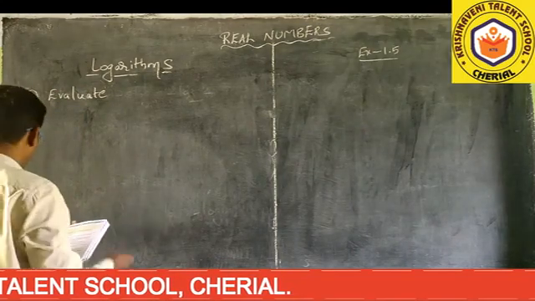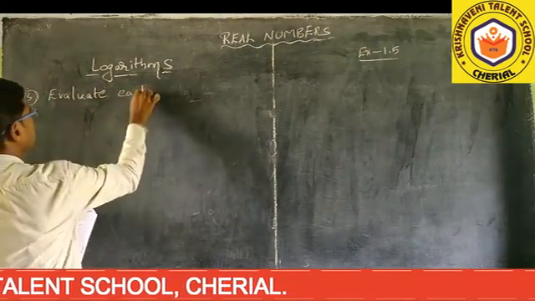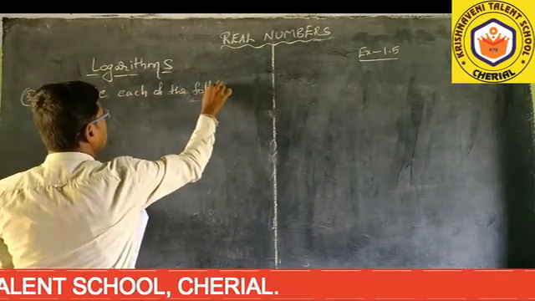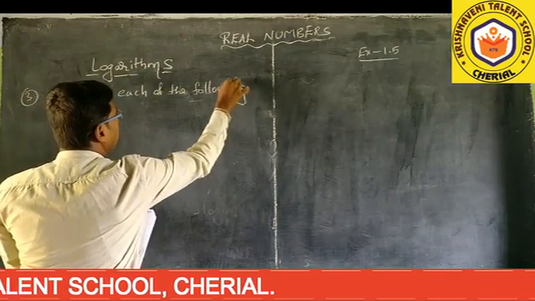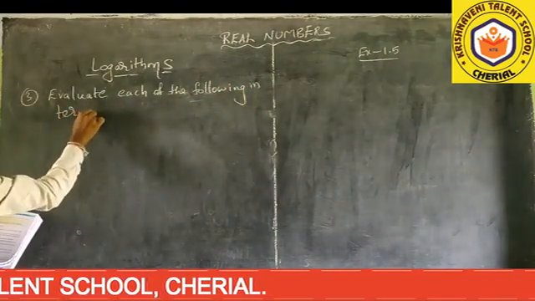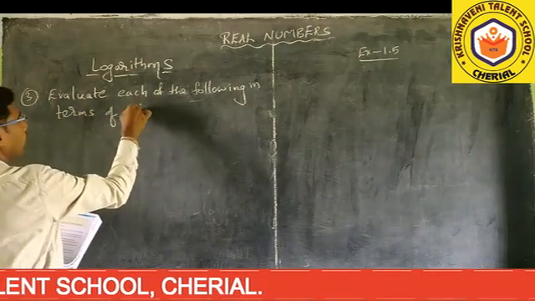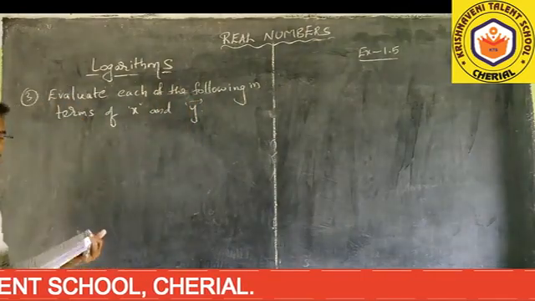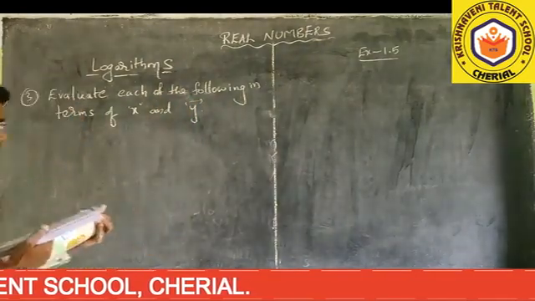There he has given some problems. Evaluate each of the following in terms of x and y. There he has given some logarithms, and you have to write them in terms of both x and y.